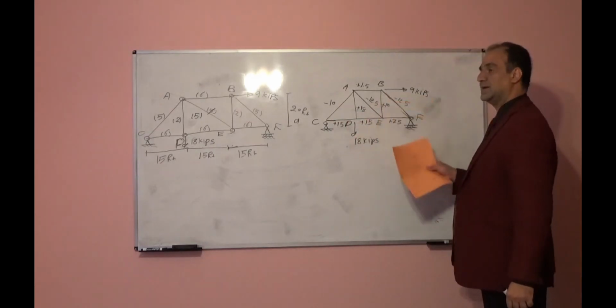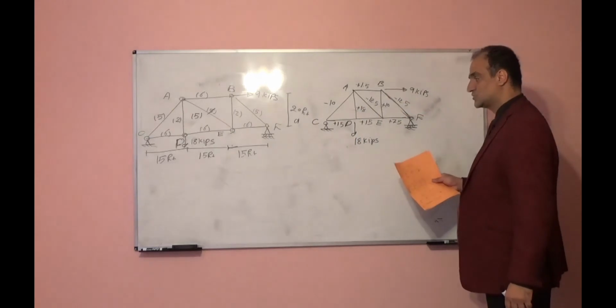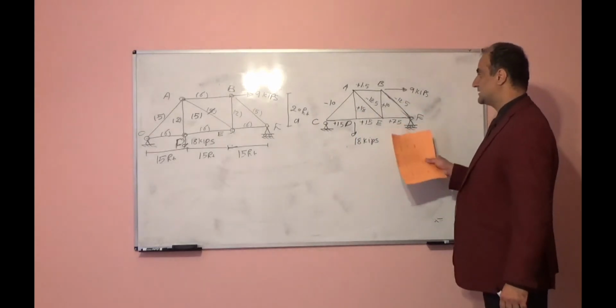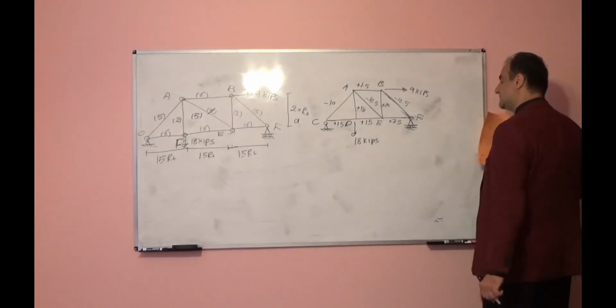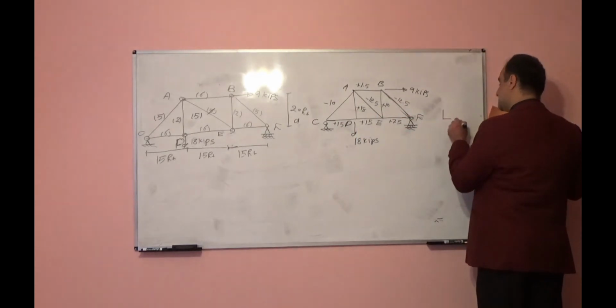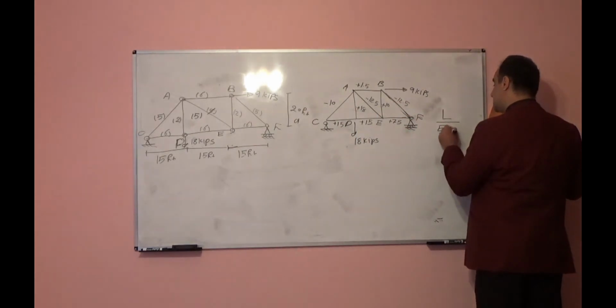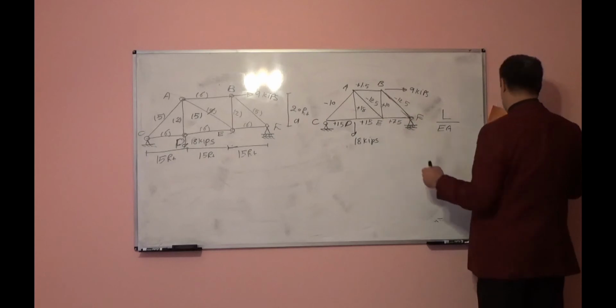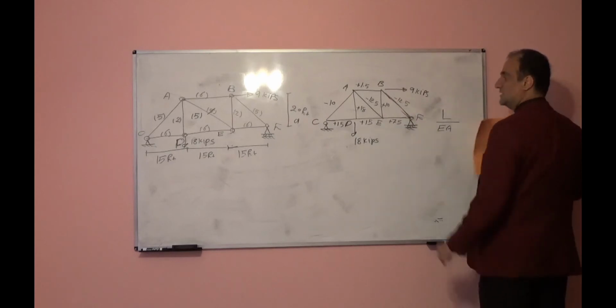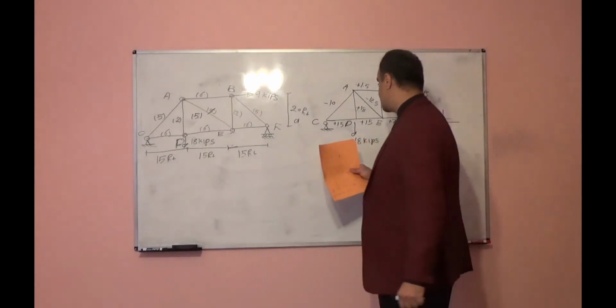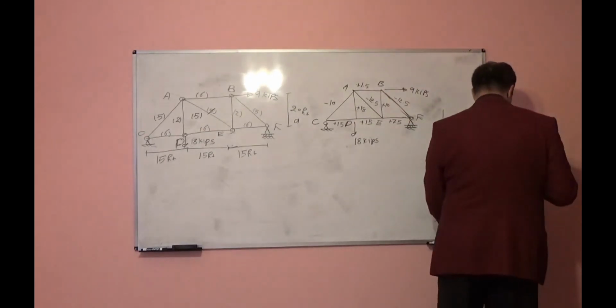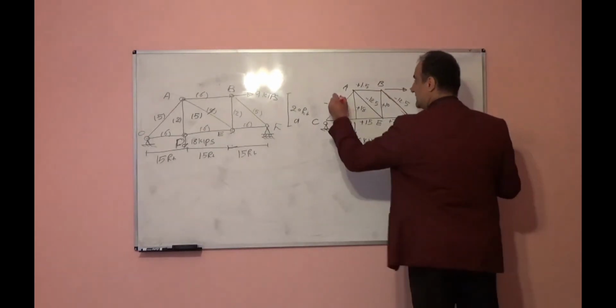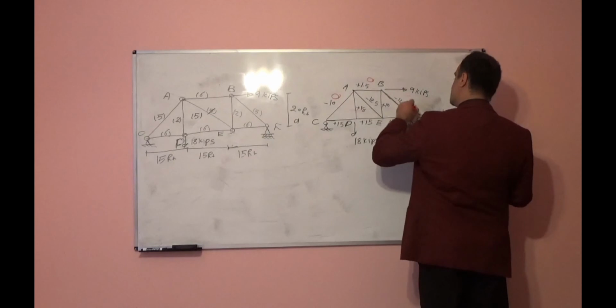Then after finding these internal forces, you can multiply these internal forces for each member times the length of that member divided by EA of that member. So you will have elongation for each member. Again, you can write the elongation for each member here.